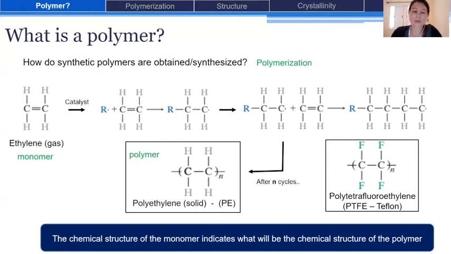And so performing the polymerization of this monomer, we obtain polytetrafluoroethylene, PTFE, that we also commonly call Teflon. So you can see that in that case, the repeating unit is different.